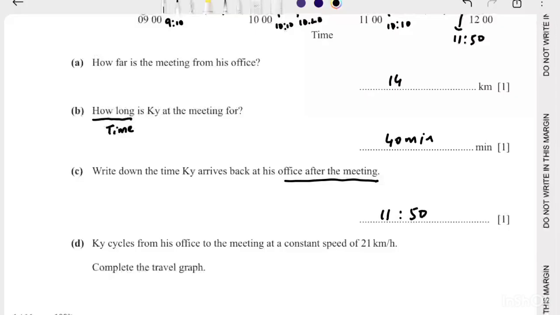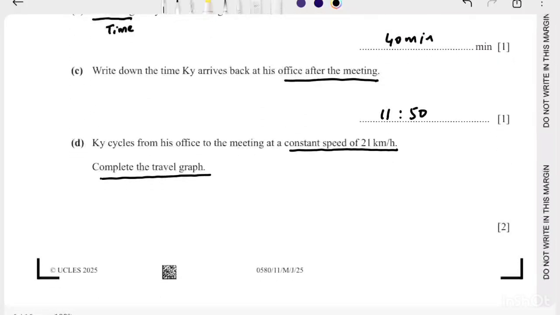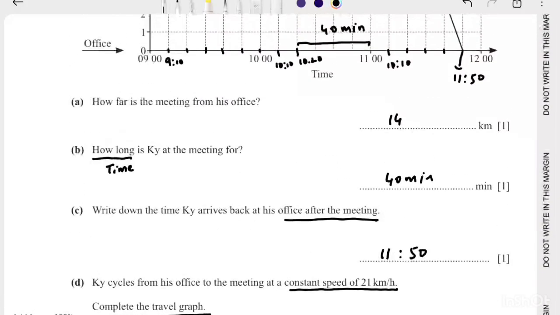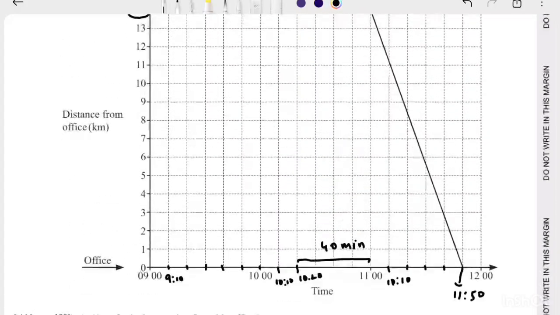Now D part, Kai cycles from his office to the meeting at a constant speed of 21 km per hour. Complete the travel graph. We know that speed is equal to distance over time, and speed is 21 kilometer per hour, and distance we see from the graph is 14.